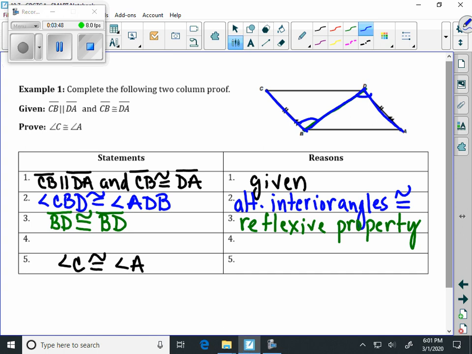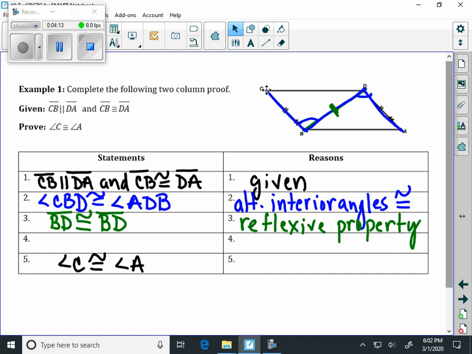And again, those are the two parallel lines cut by the transversal. The alternate interior angles are congruent. Now, I didn't mark up our reflexive property, so as I look at statement 3 again, what we said is that BD is congruent to BD. And when we take a look at this, now we can state that the triangles are congruent.